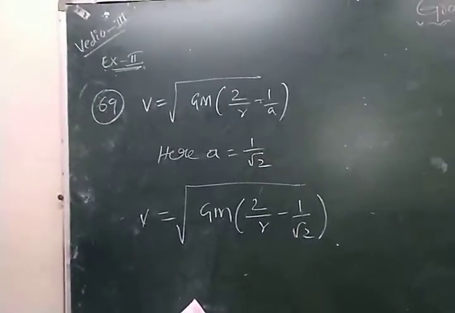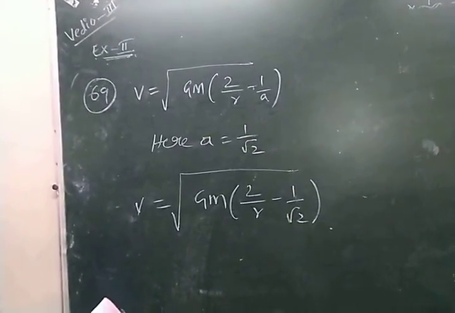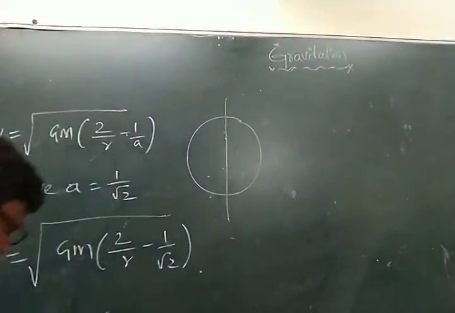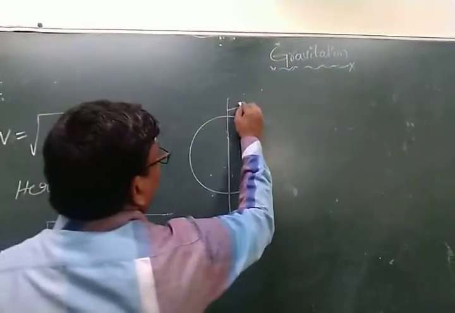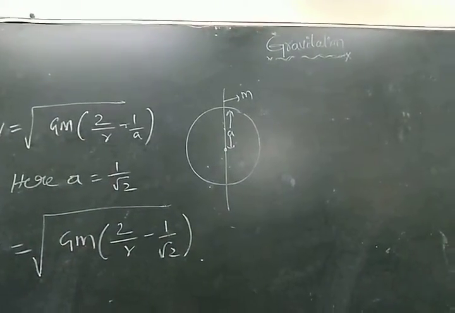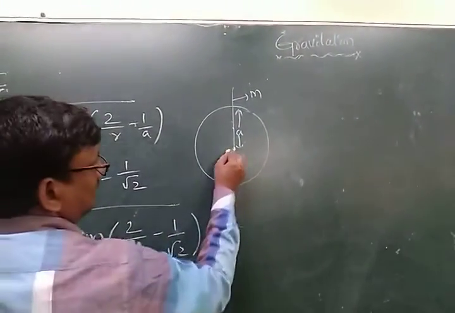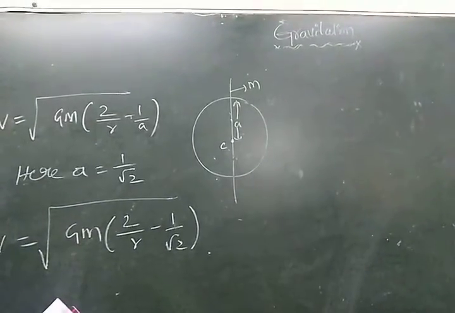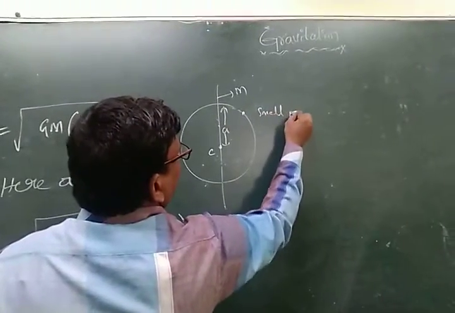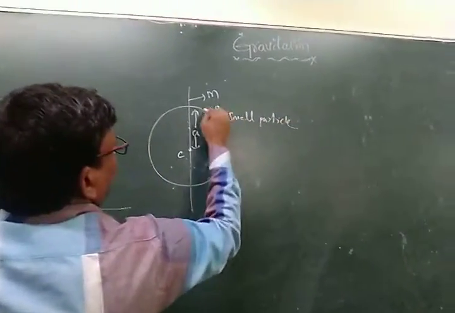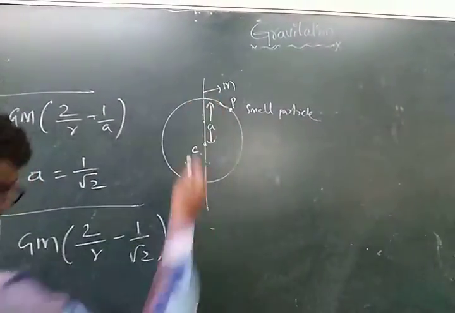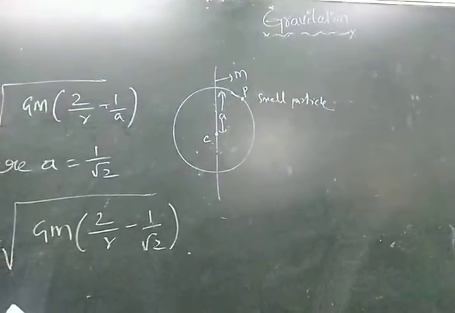Question number 69. A point P lies on the axis of a ring. See, this is the ring and the axis. The mass is M and the radius is small a. P is at a distance from the center C. This is the center C. A small particle starts from P and reaches the point C under the gravitational attraction only.